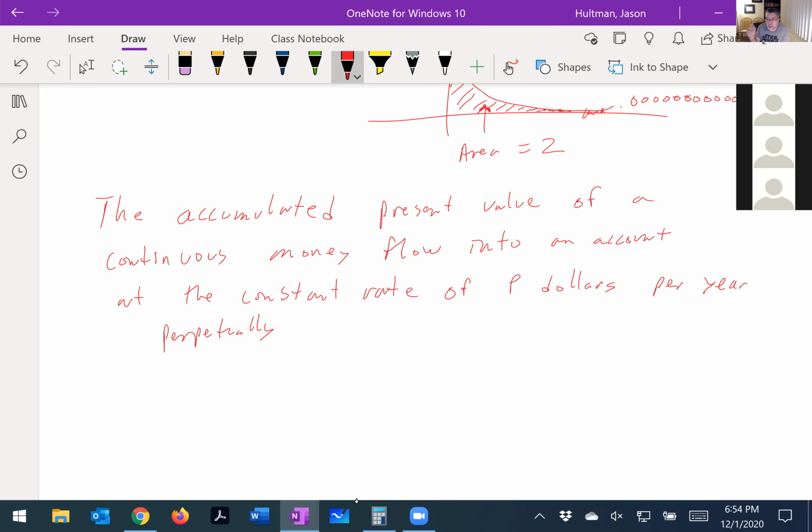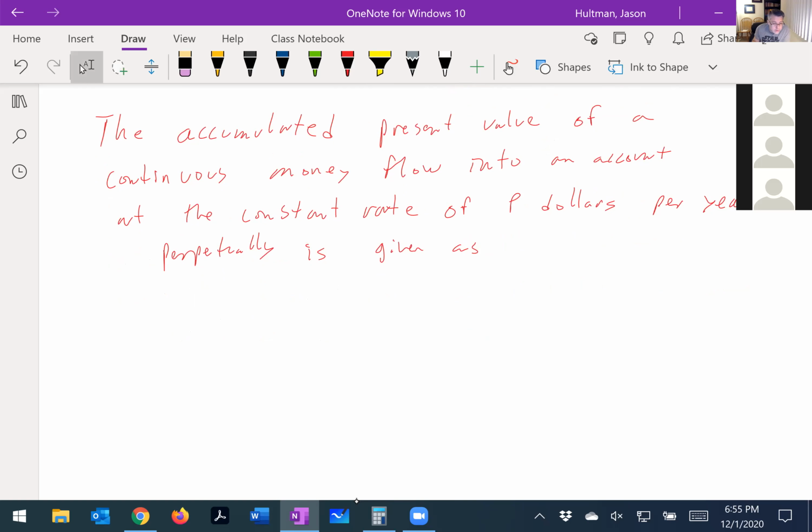Okay, and so the accumulated present value, perpetually, is given as the integral from 0 to infinity of p e to the negative kt dt, which is equal to p over k.